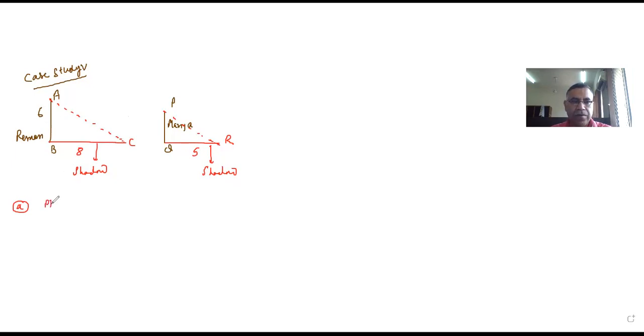Number 1, Pythagoras theorem. Number 2, trigonometric ratio. Number 3, similar triangle. Number 4, congruent triangle.